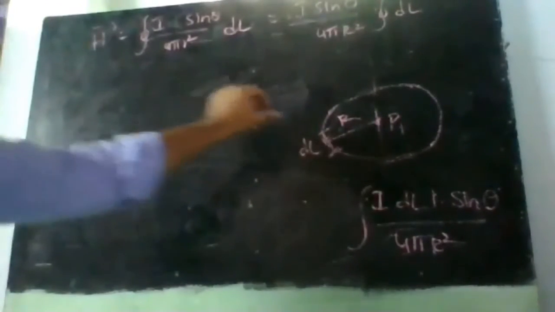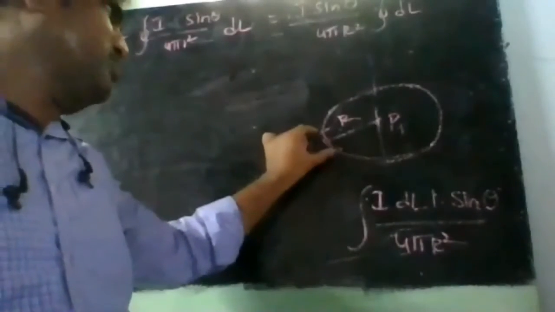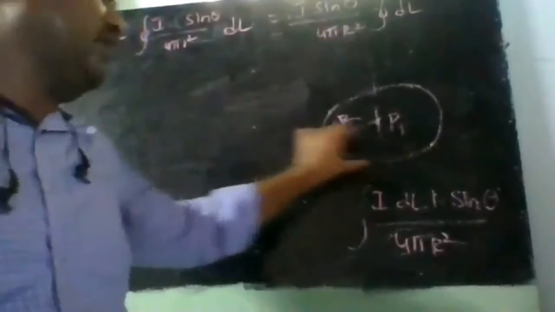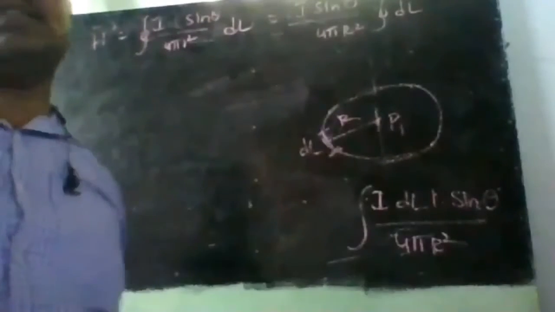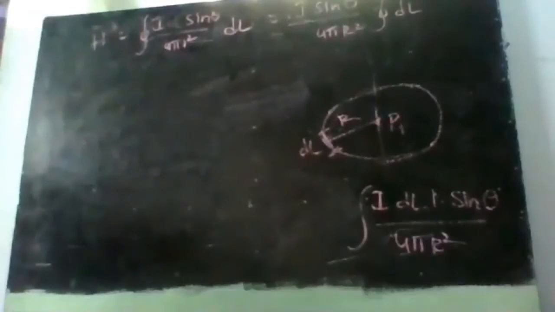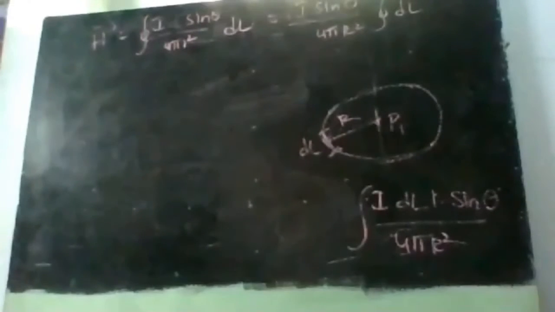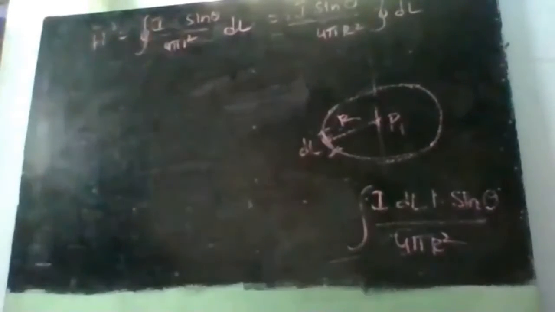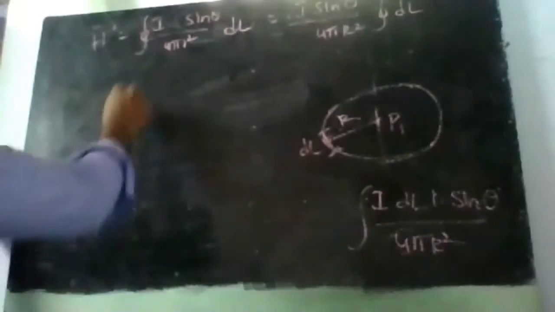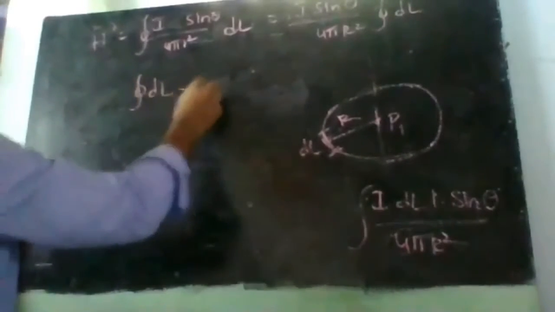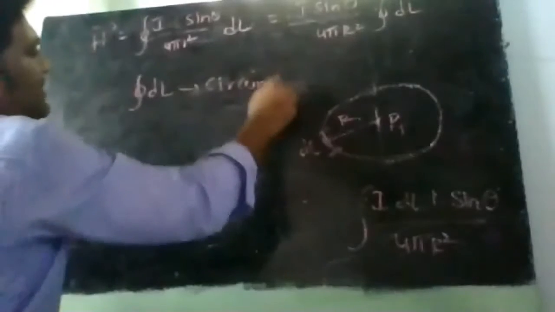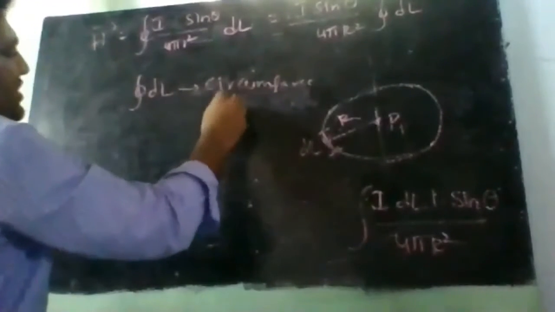When I integrate this small part, that means when I calculate the total length, the total length of a circle is the circumference of the circle. So integral dL basically represents the circumference of the circle.